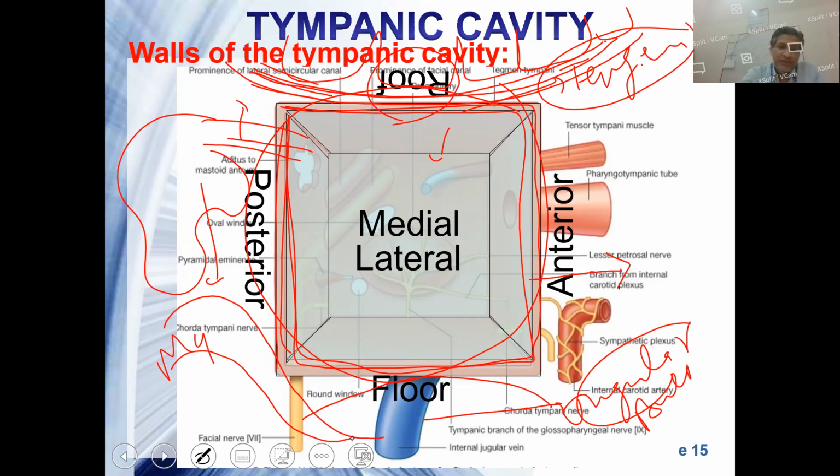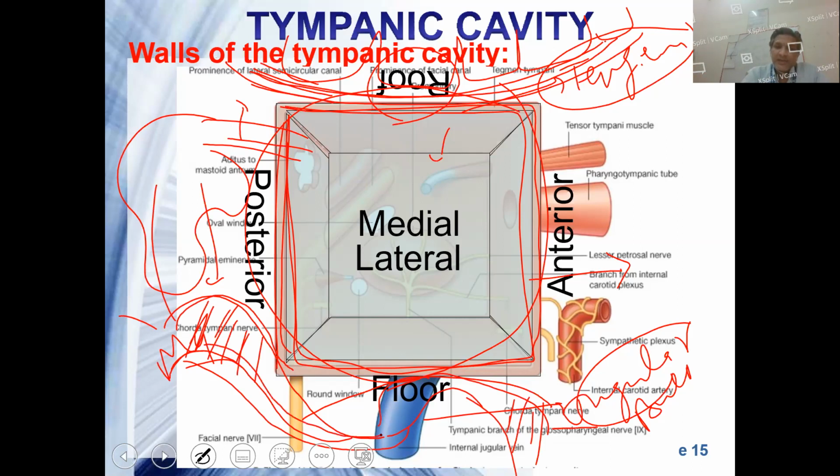All of the sinuses drain into the sigmoid sinus, and the sigmoid sinus, hugging the posterior wall, forms this large dilation in the floor of the middle ear, and continues as the internal jugular vein. So the sigmoid sinus is formed by the draining of all dural sinuses, and it travels underneath the middle ear and continues as the internal jugular vein.